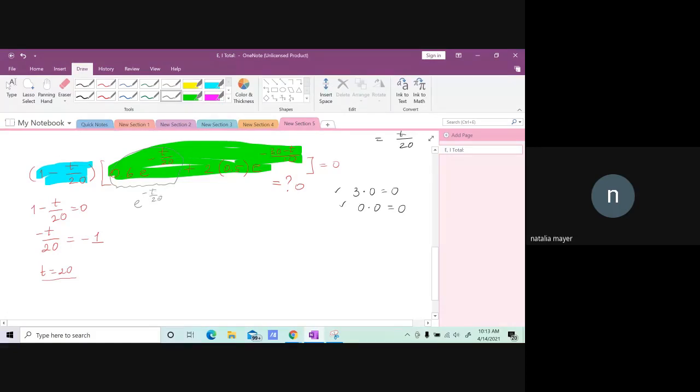Is it positive, negative, or 0? Positive. Noor, why is it positive? Because the exponent will make it close to 0, but it won't make it 0. That's what I know. Yes, but how do you know that it will make it close to 0? Because the exponent can make it negative again.